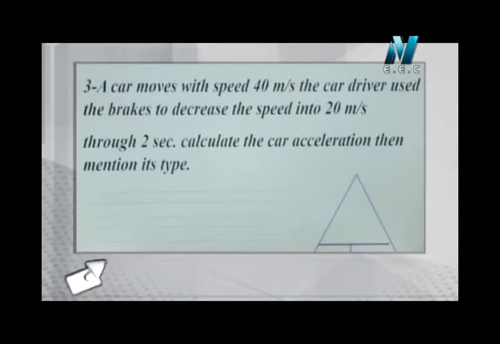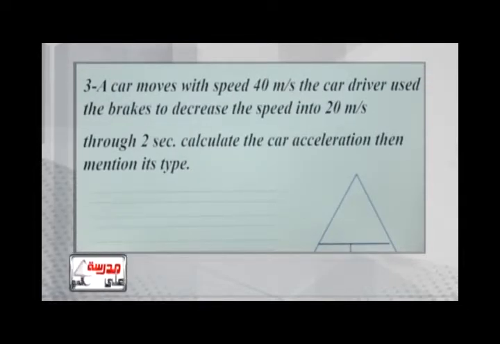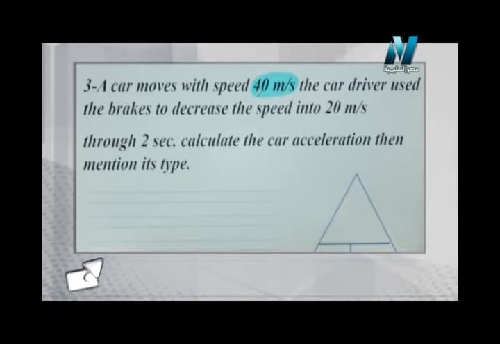Now here I have another kind of problem. A car moves with the speed 40 meter per second. Then the car driver used the brakes to decrease the speed to 20 meter per second through 2 seconds.